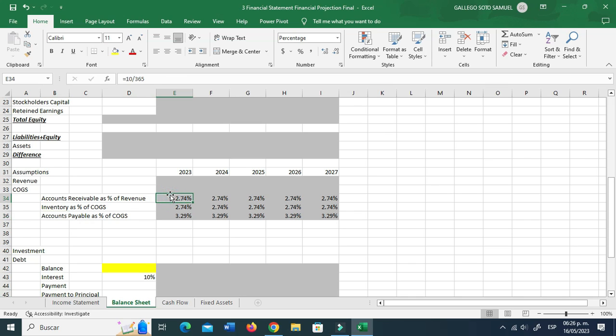And then I have these numbers that are equally defined all the way to the end, and I used 10 days of the 365 days for accounts receivable, for inventory, and for accounts payable I did like 12 days out of the 365 that you see over there.